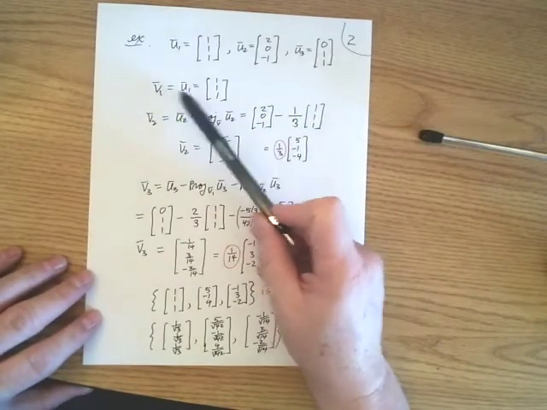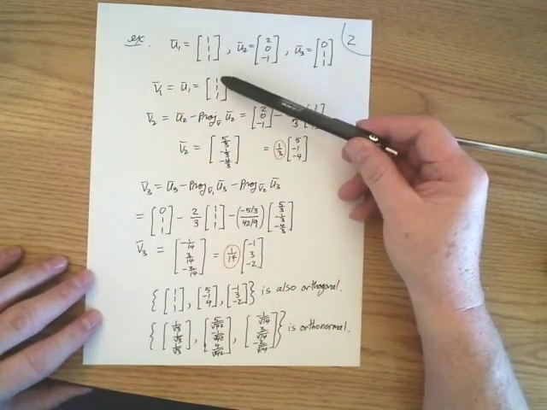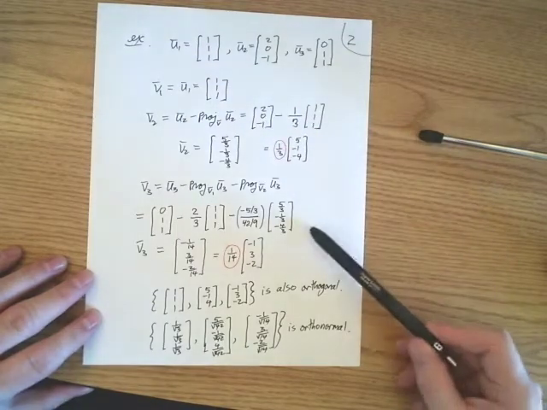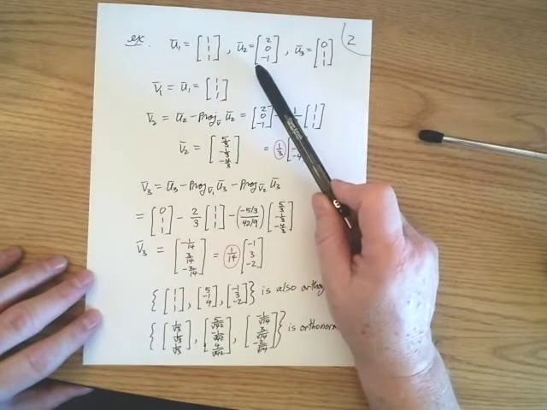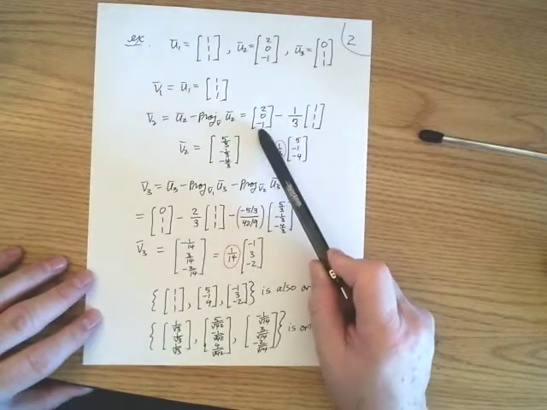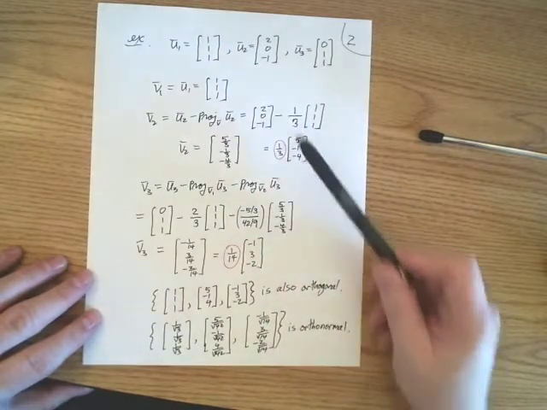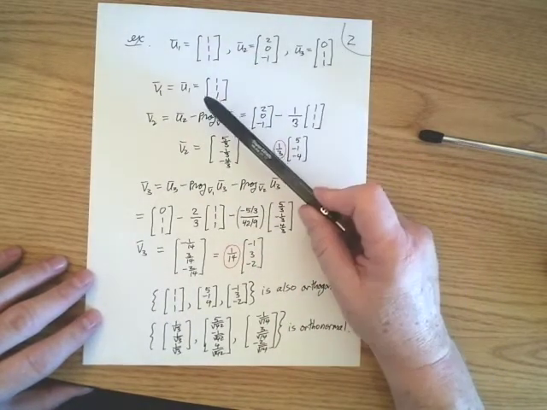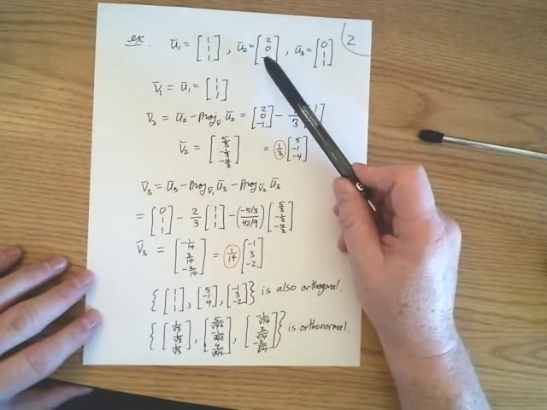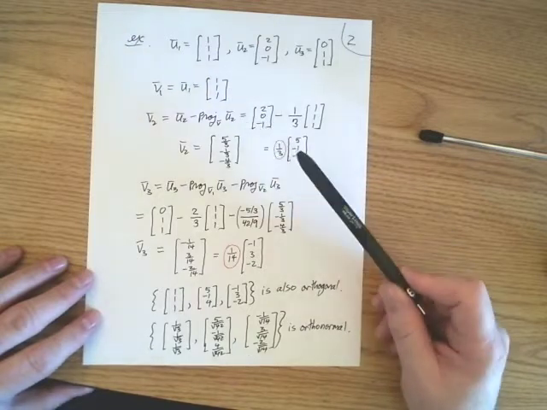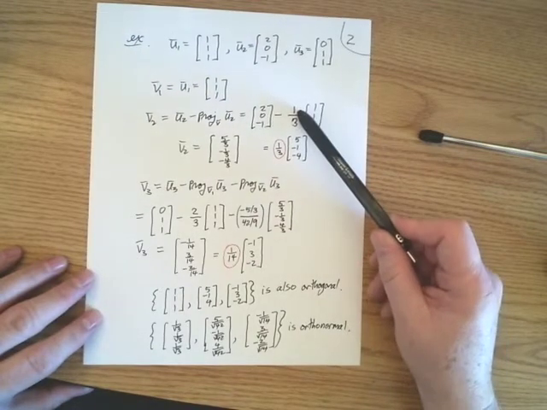So V1 is just the same as U1, nothing to do there, so that's 1, 1, 1. V2 is our second vector in the original, so that's U2, 2, 0, negative 1, minus the projection of the U2 vector on V1 here. If I take the dot product of these 2 vectors, I would get 1, so that goes in my numerator.